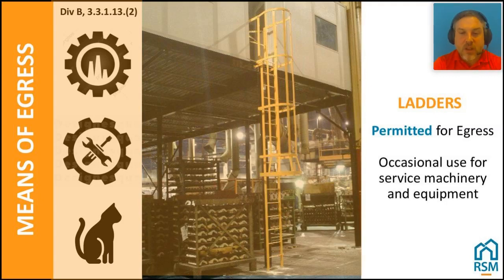They're permitted for egress if it's occasional use for service machinery and equipment in industrial occupancies. And so that's why up on the left-hand side, I have provisions related to the industrial ILO mezzanines, service-based mezzanines, and catwalks. So in these particular cases, you could have ladder access instead of a full compliant stair system to those particular areas of the building.